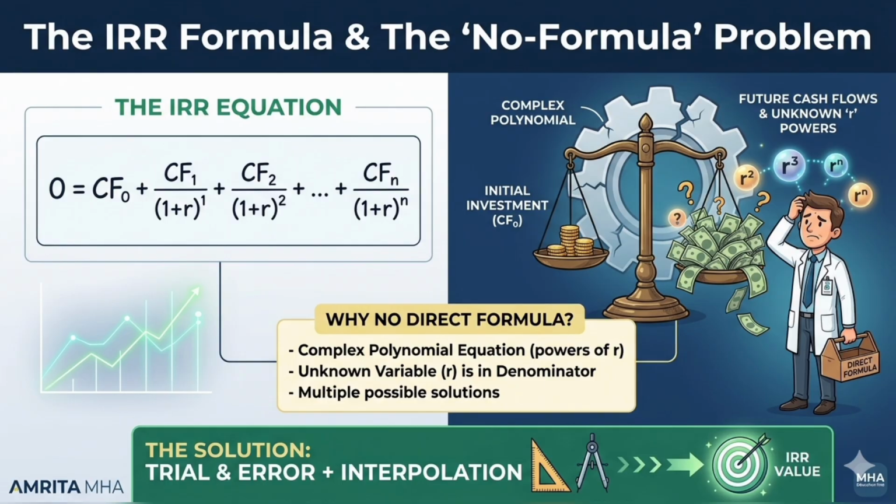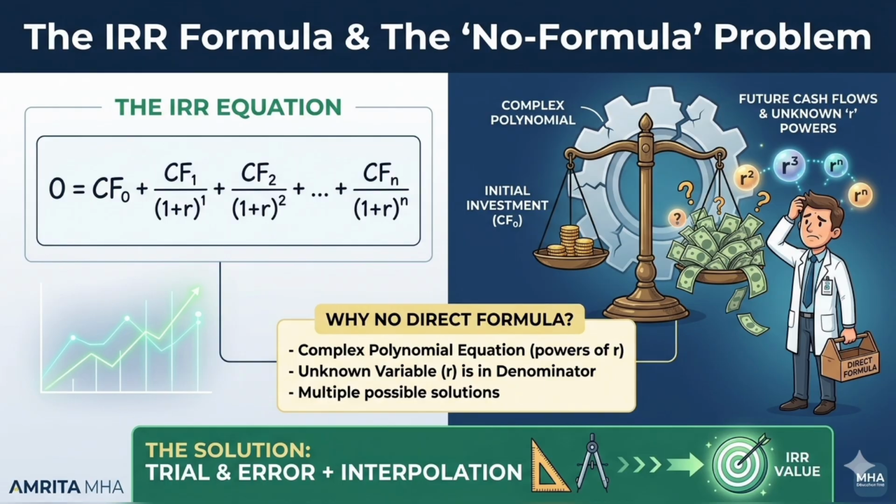Now look at the equation. NPV is 0 and it is equal to the sum of CF0 and other net cash flows. The CF0 means initial investment. It will always be negative and it is added to all other cash flows.